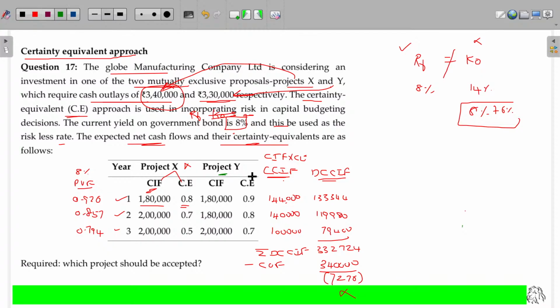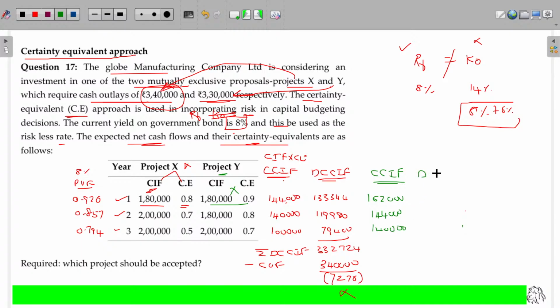In case of project Y, you have to find the certain, deterministic cash inflow. So you have to multiply the CIF with the CE. Then this value being 1,62,000, 1,44,000, 1,40,000.